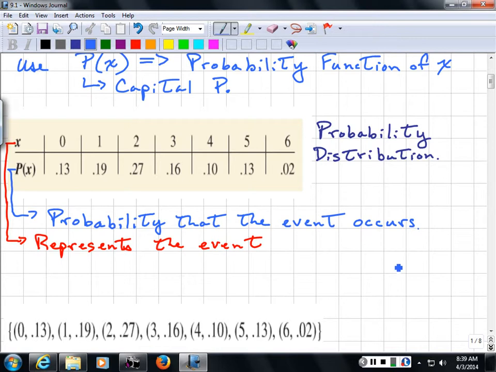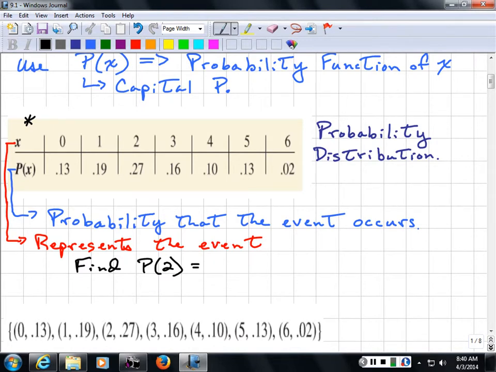Okay? Now, when we look at this, for example, let's say that I say, find P of 2. Well, since I'm considering that particular probability distribution, this is my x. X is equal to 2, so I find 2 in the first row, and then I drop down to its corresponding probability of 0.27.